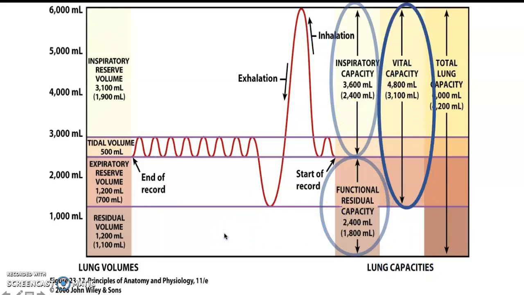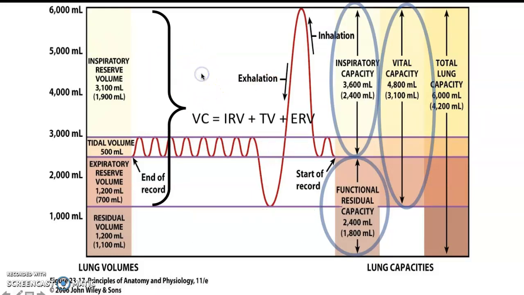The vital capacity is something that we do talk about clinically, and the vital capacity can be thought of as the maximum amount of air that can be brought in and exhaled from the lungs during one single respiratory cycle. Now, to calculate the vital capacity, you should be able to see that we can use our inspiratory reserve volume plus the tidal volume, plus the expiratory reserve volume.